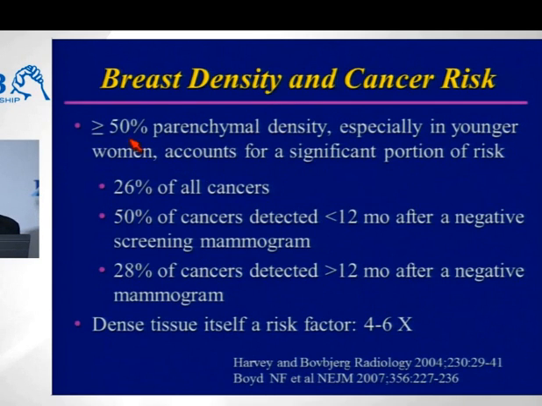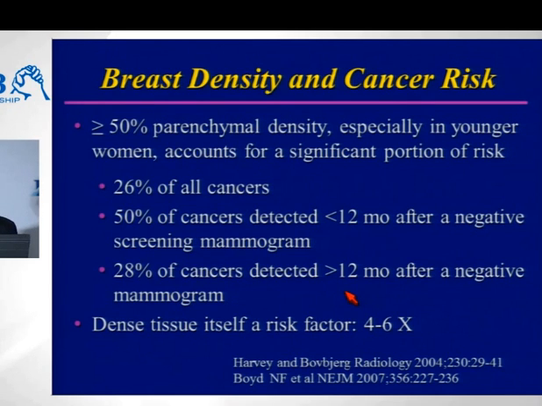We know that women with greater than 50% parenchymal density, especially in younger women, account for a significant portion of risk. 26% of all cancers are in women with dense breasts. 50% of interval cancers, the cancers that are diagnosed clinically after a negative screening mammogram in less than 12 months, and almost a third of cancers detected after 12 months after a negative screening mammogram.